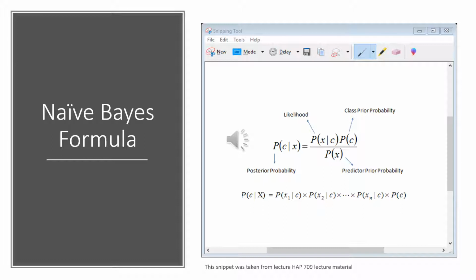This is the naive Bayes formula. The naive Bayes formula states that the probability of being alive given a diagnosis, also known as posterior probability, can be calculated using the likelihood of observing the diagnosis among alive patients.